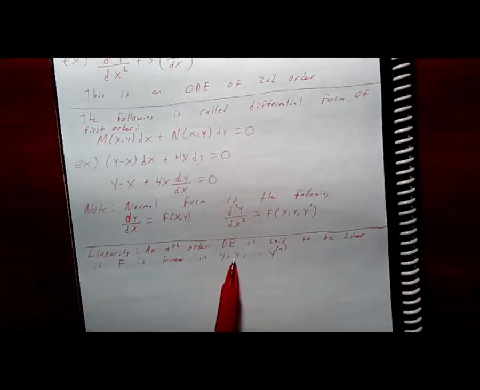This means that an nth order ODE is linear when all these terms are linear. So every single y must be linear. To keep it simple, there's no squares, there's no e to the y, there's no sine of y, no sine of y prime, no e to the y prime.